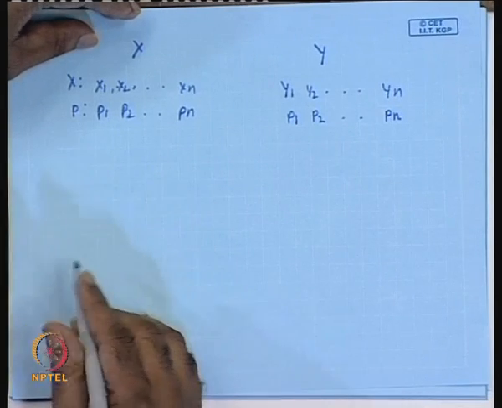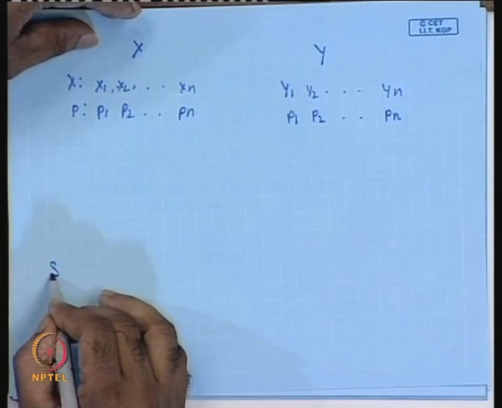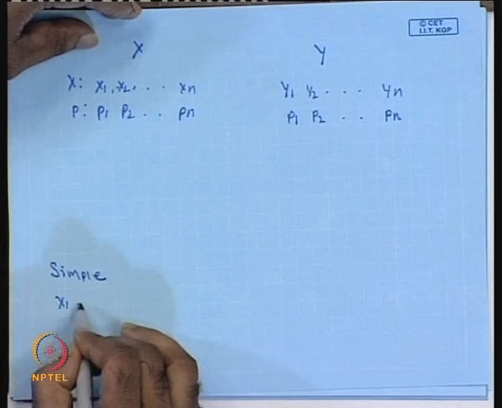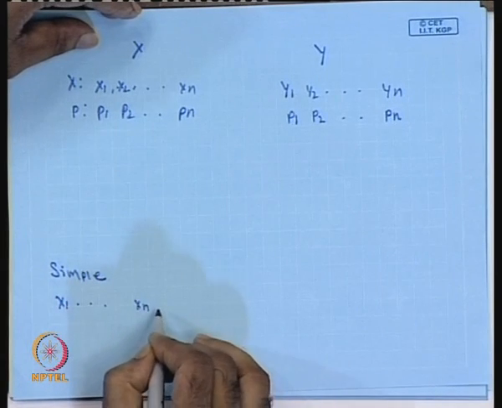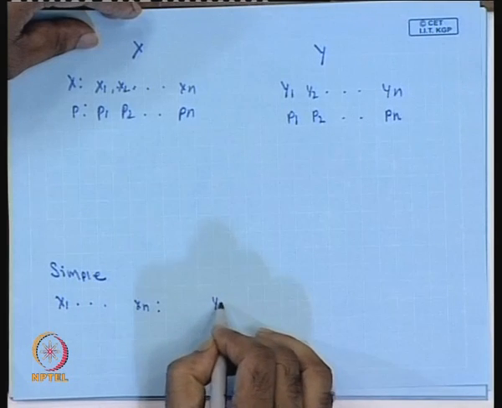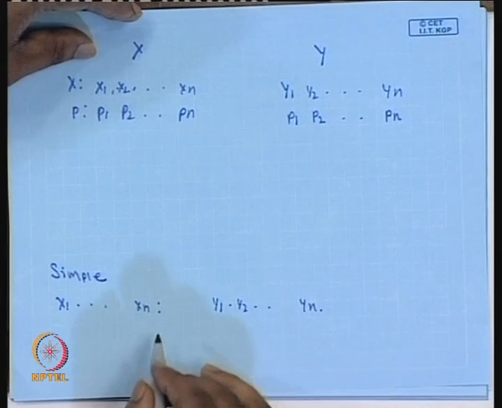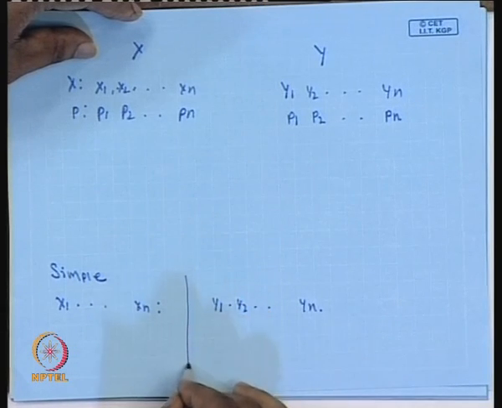Alright. So, now you take a look here. When we look for the simple structure, we have series x1 up to xn, then another series y1, y2 up to yn. Okay. So, what is our agenda here?